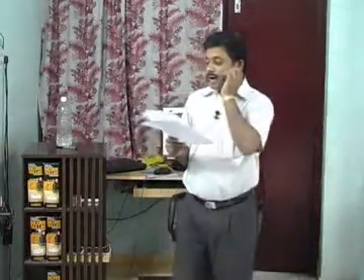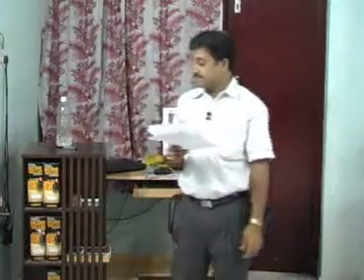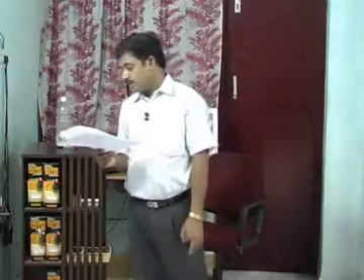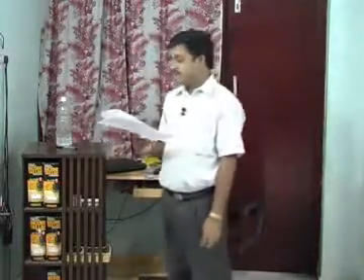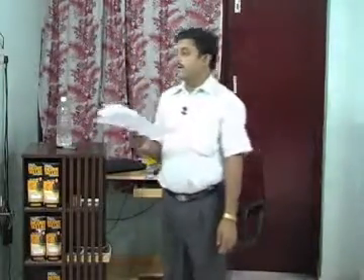And then accrued interest. What is accrued interest? 90,000 into 10% into only 1 month. क्यों? 30th June to 31st July is only 1 month. So 90,000 into 10% into 1 by 12 makes it to how much? 750.